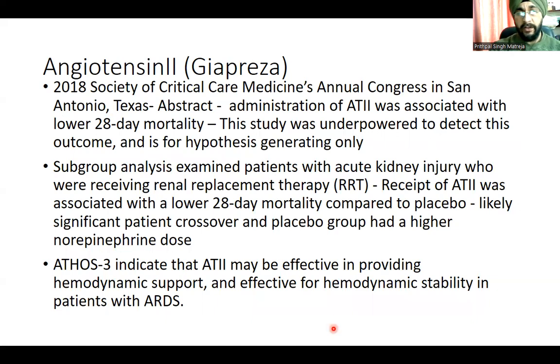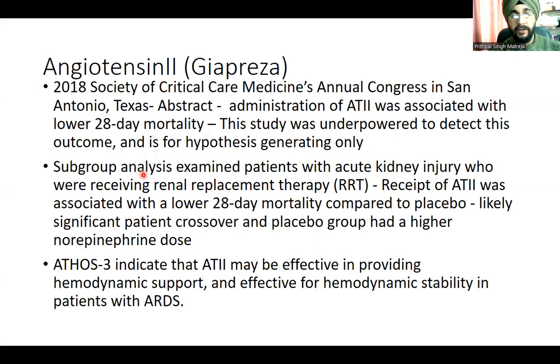Then there was a study presented as an abstract in 2018 at the annual congress of the Society of Critical Care Medicine. They found that administration of angiotensin 2 was associated with a lower 28-day mortality. But on further study of this research article, it was found that the study was underpowered to detect this outcome, and it was only a hypothesis-generating study.